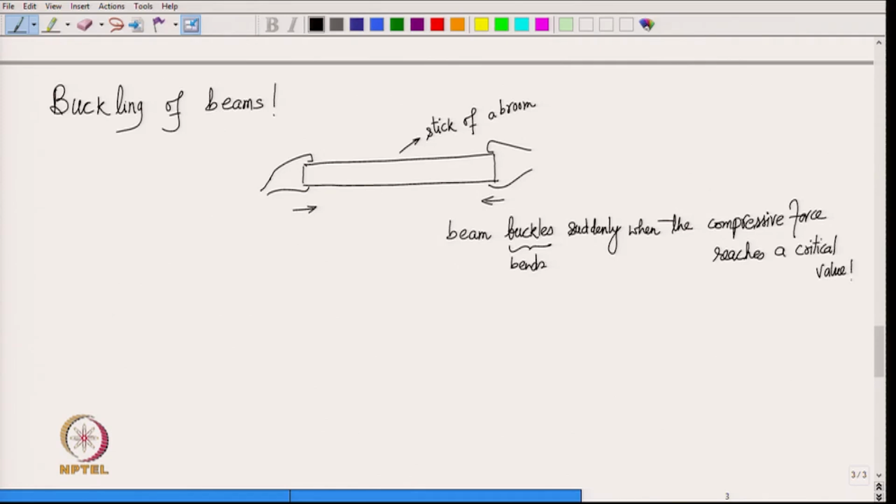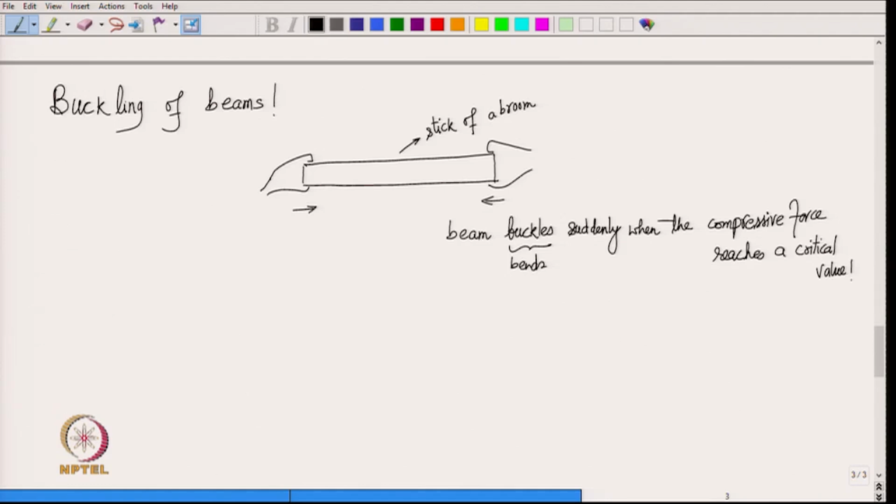So, this is very interesting phenomena, and whenever we design any machines, if it has got a beam and it is under a compressive load, we will always like that the compressive load is less than the buckling compressive load.